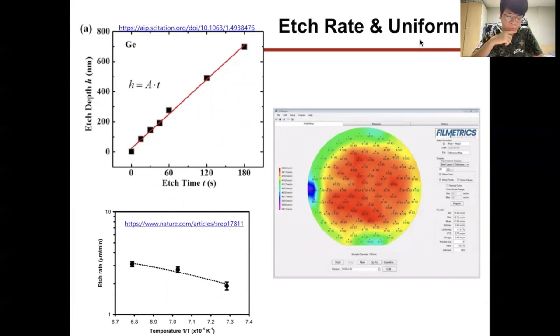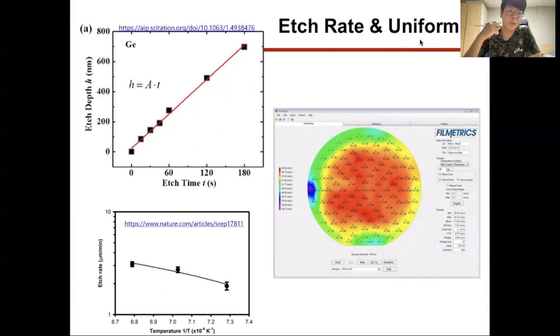The reason the etch rate is very highly related to temperature is that the etchant used in wet etch is a chemical.